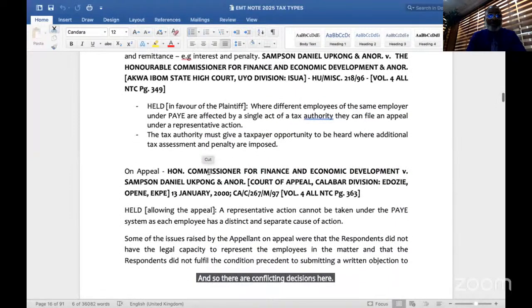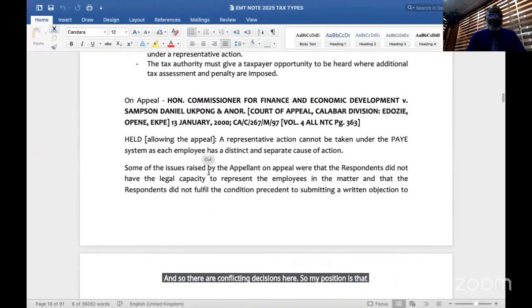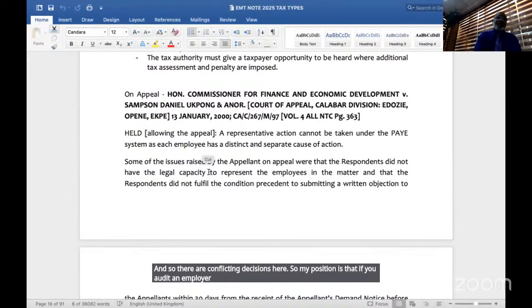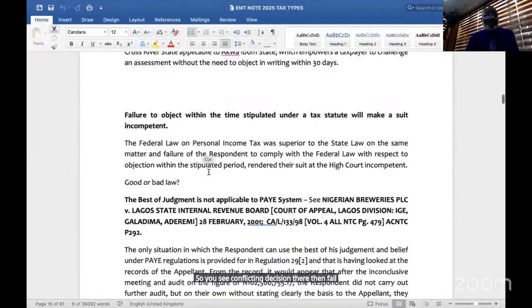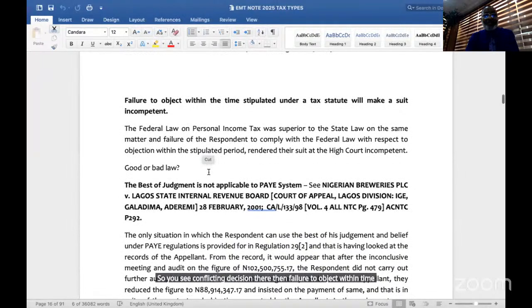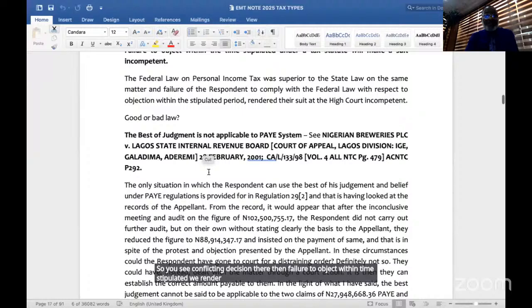My position is that if you audit an employer and serve the employer with an assessment, that gives the employer locus to object, because you have not dragged each employee to court to recover the tax due. Failure to object within the time stipulated will render the suit incompetent.